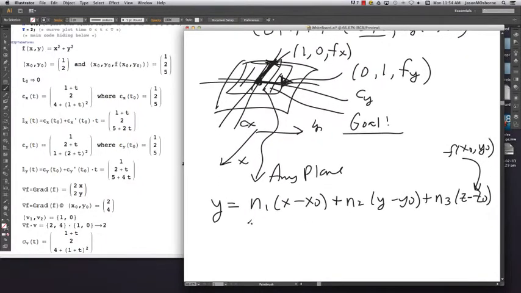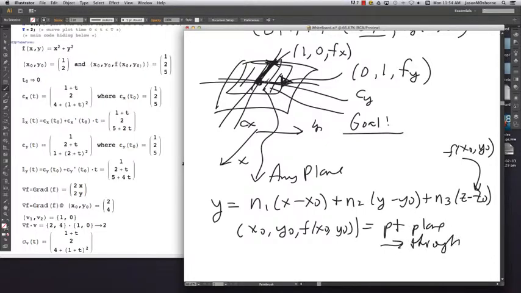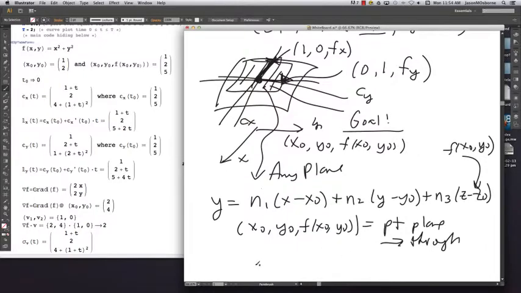So you have your point on your surface. This is the point that the plane goes through. There's your point x naught, y naught, f of x naught, y naught. What we need to find is the normal vector, n1, n2, n3.